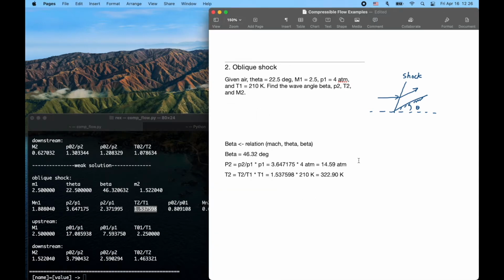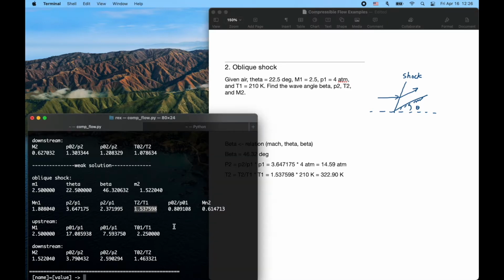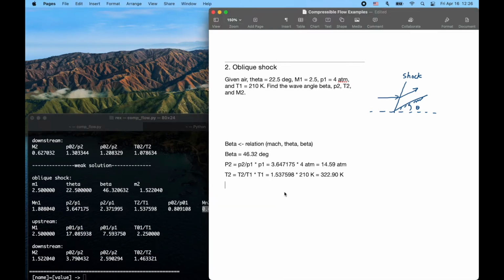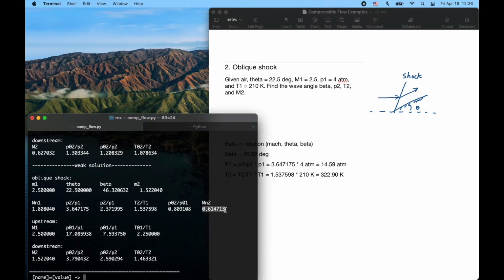Next, find Mach number 2. In my code, I just get Mach number 2 directly. But if you are using the table or doing your homework, your lecturer probably expects you to calculate by hand.